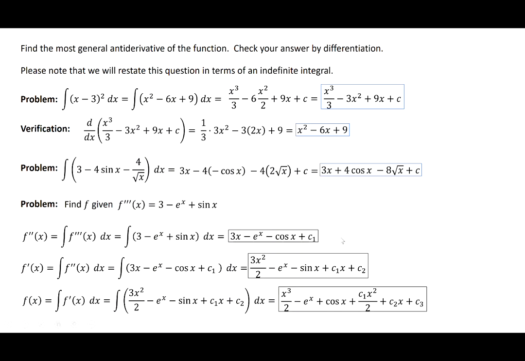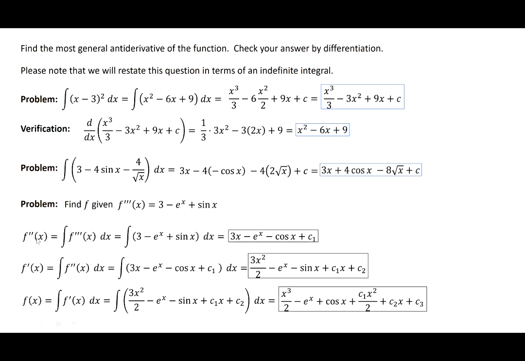If we were given f double prime of 0 is 1, what can we do with that? Guess what? F double prime of 0 means when x is 0, f double prime will be equal to 1. Let me repeat that. Given f double prime of 0 equals 1 means when x is 0, f double prime will be 1.